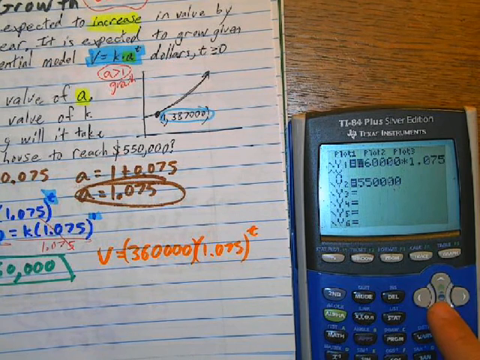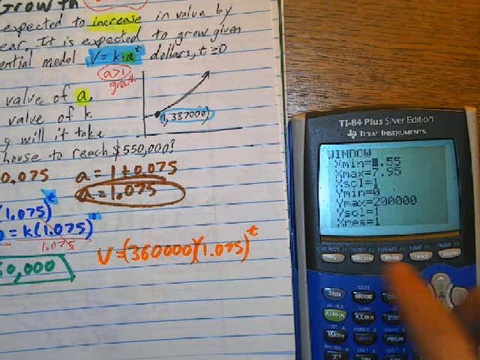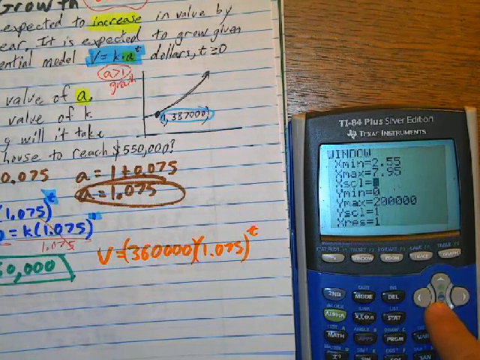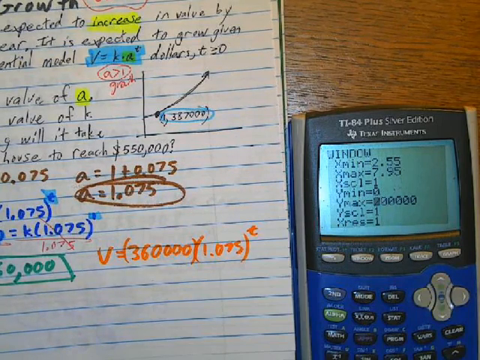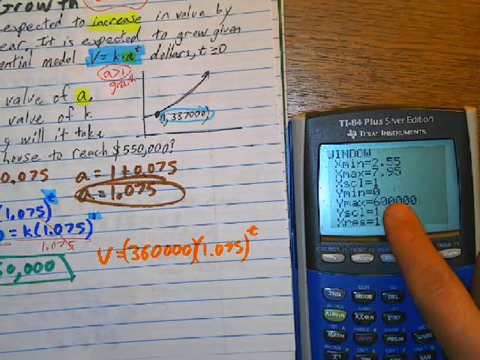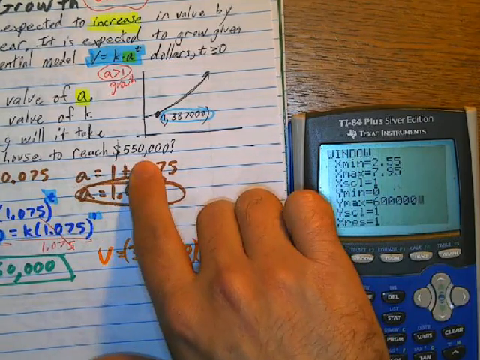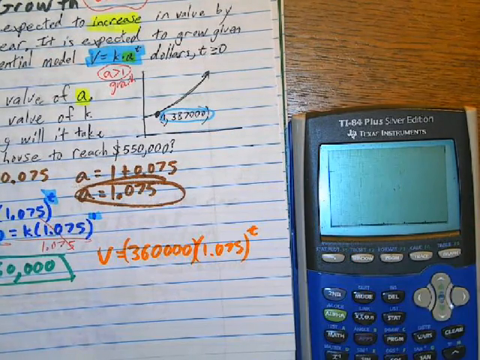Something's not quite right. Okay, it needs to be bigger than that, so let's try 600,000. Because this has to be bigger than this value here, right? So now the graph is going to show up. There we go.